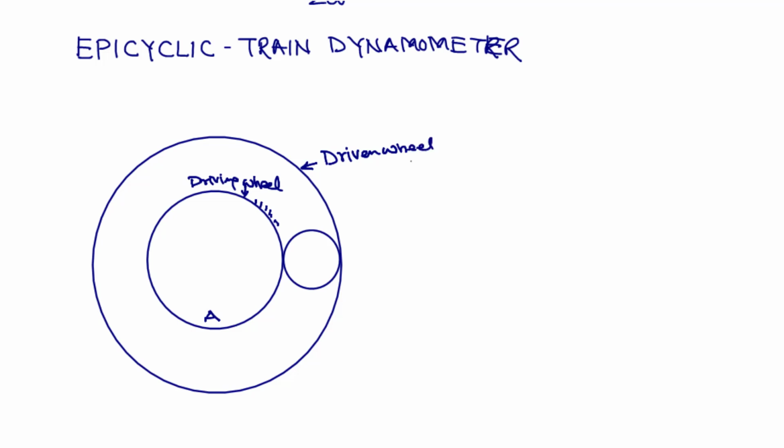This is driving wheel A, this is driven wheel B.